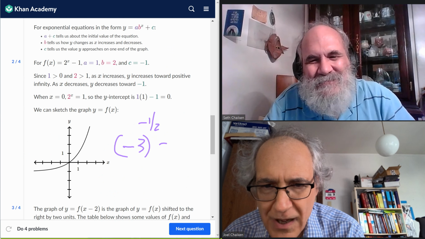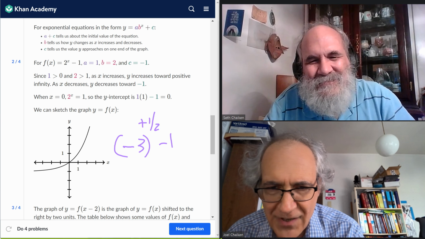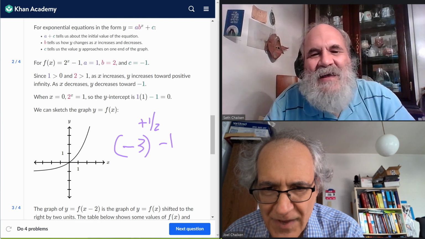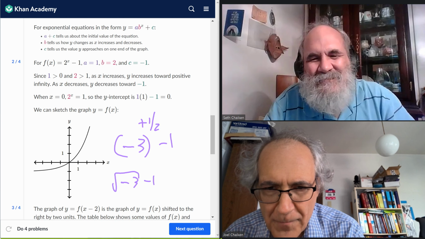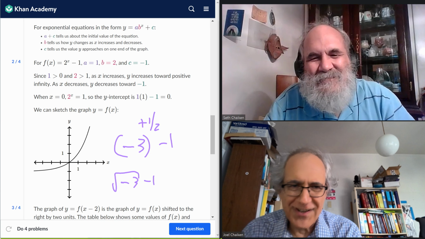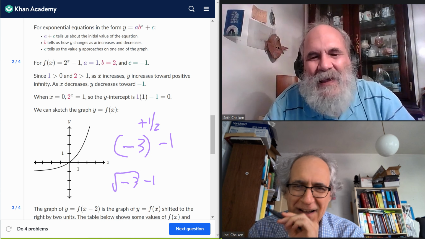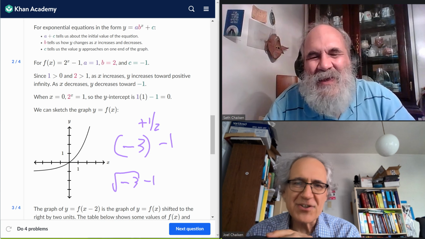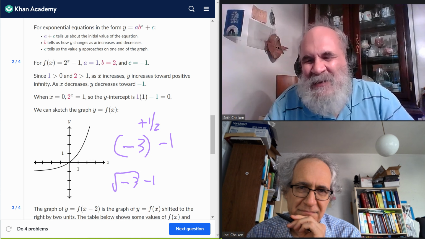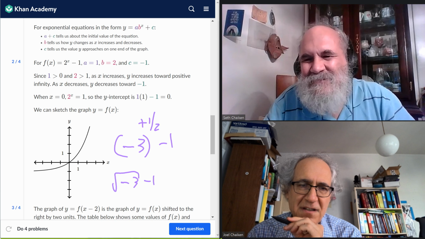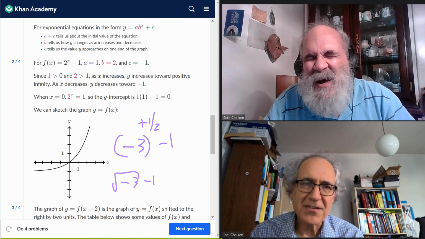You've got a problem here because even with the positive 1/2 power, you're doing the square root of -3 minus 1. That would be interesting to put in Desmos. But what's the problem with the square root of -3? It's complex. It's an imaginary answer.